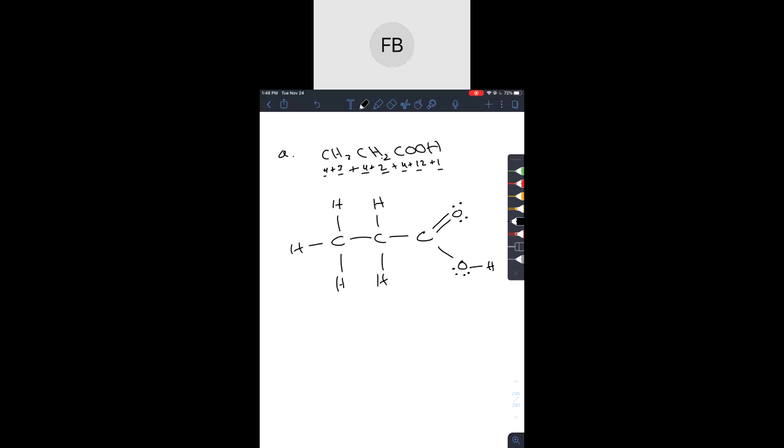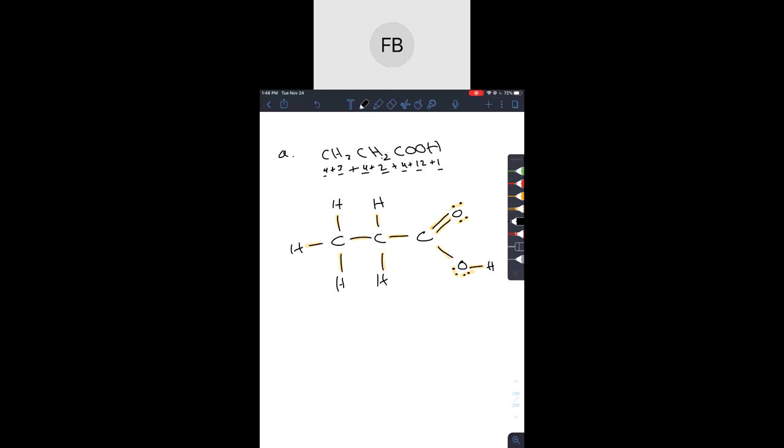So then you can just go through and count them. Each bond is going to be 2 electrons, right? Because there's 1 electron at the carbon end and 1 electron at the hydrogen end, and they're making a covalent bond. So this is 2, 4, 6, 8, 10, 12, 14, 16, 18, 20, and then we have 22, 24, 26, 28, and 30.